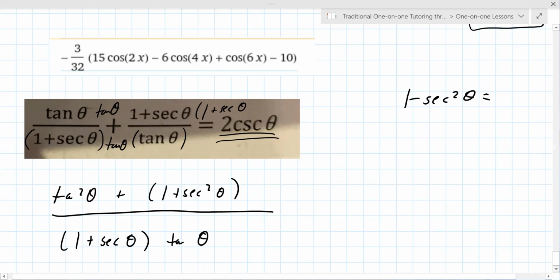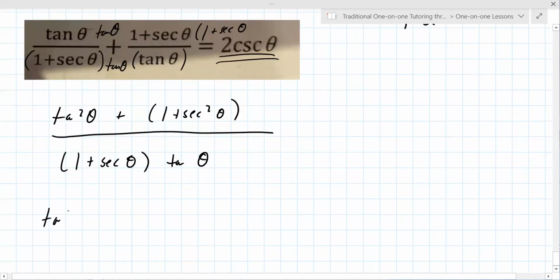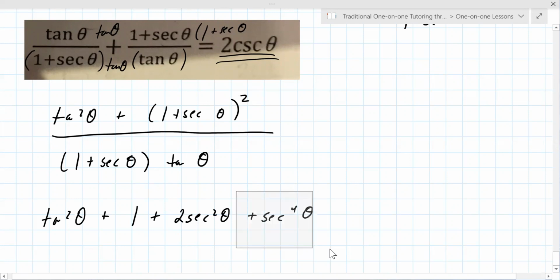All right, so now we're going to expand the top. That's squared, so that becomes 1 plus 2 secant squared theta plus secant to the 4th theta. Definitely don't like that, but wait, the secant on top is not going to be a 2 in there. Thank you, I was about to say that was not going to be good.